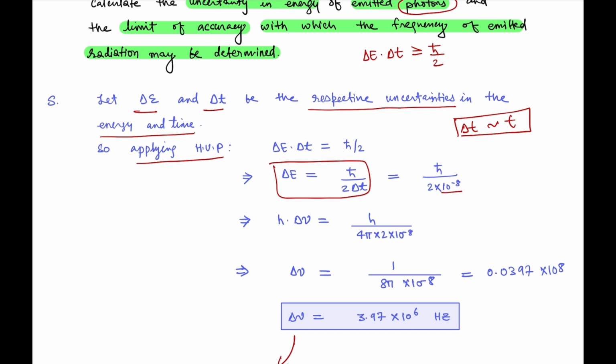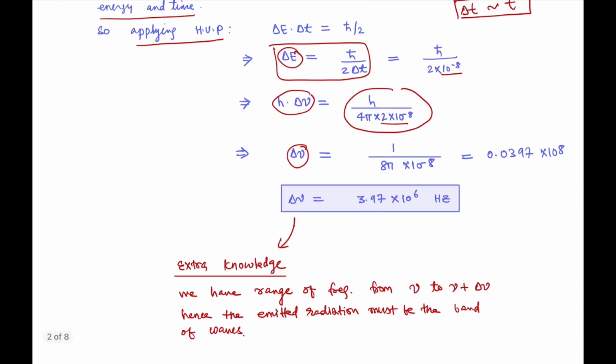So we are going to use the value 10 to the power minus 8. When you do the basic calculation, you get delta E to be h upon 4 pi into 2 into 10 to the power minus 8. And this delta E is h multiplied by delta nu. In this way we get the change in frequency, which is around 3.95 multiplied by 10 to the power 6 hertz.